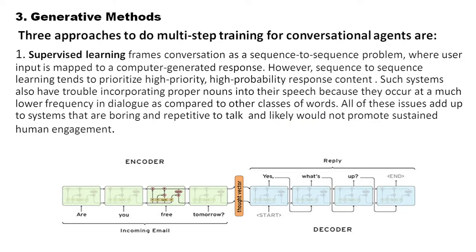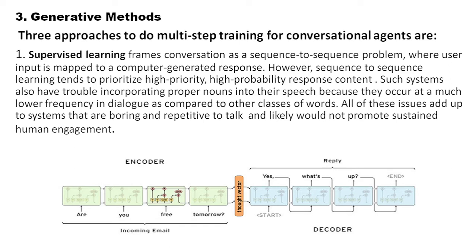Next one is generative methods. There are three approaches to do multi-step training for conversational agents. First one is supervised learning. It frames conversation as a sequence-to-sequence problem where user's input is mapped to a computer-generated response. However, sequence-to-sequence learning tends to prioritize high probability response content.